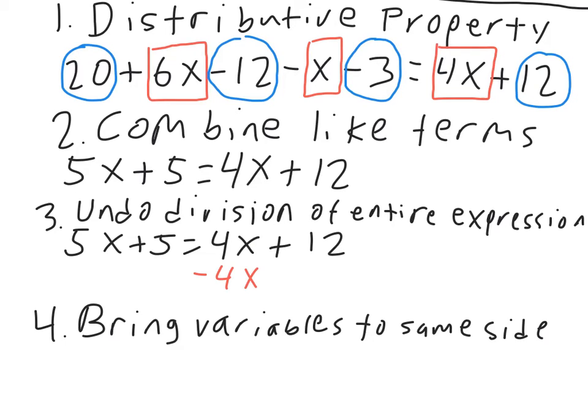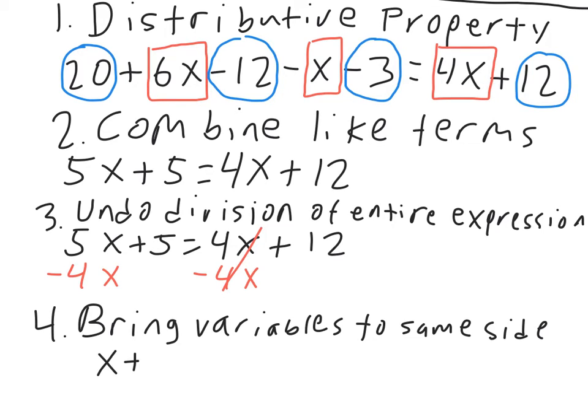So you also subtract 4x from the 5x because, again, like terms. So 5x minus 4x is 1x, or just x.